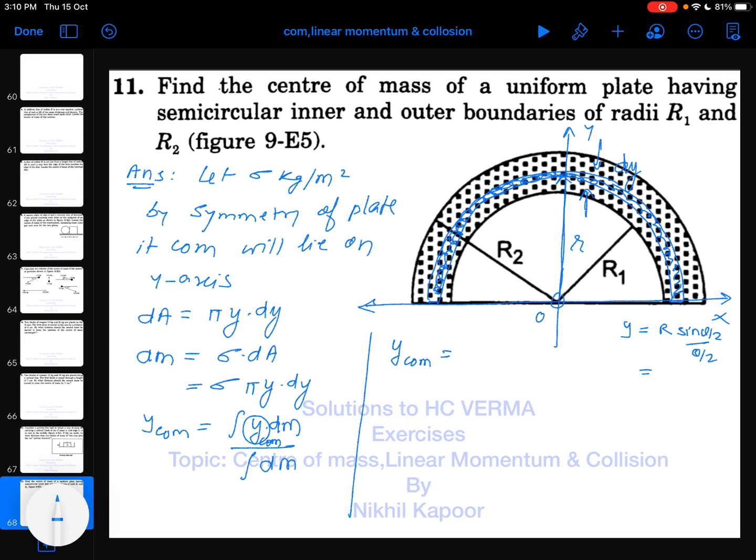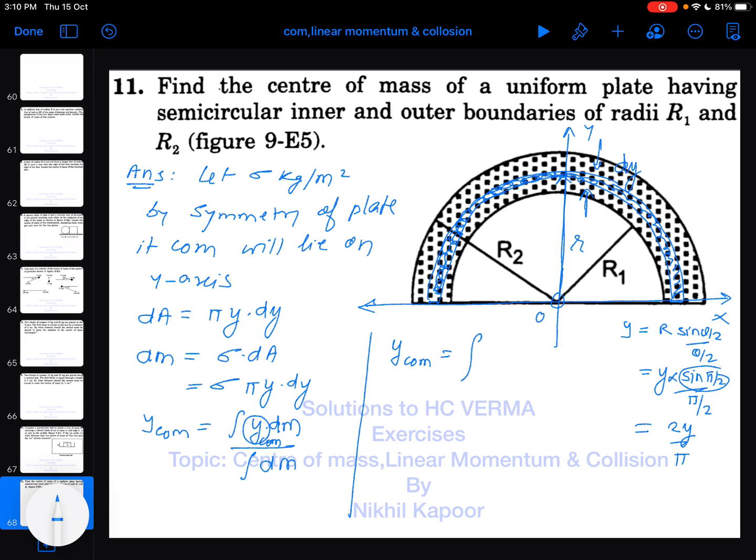As this is a semicircular elemental ring, it will be the radius, which is assumed to be y, into sine pi upon 2 divided by pi upon 2. So sine pi by 2 will be 1, so it will be 2y upon pi.